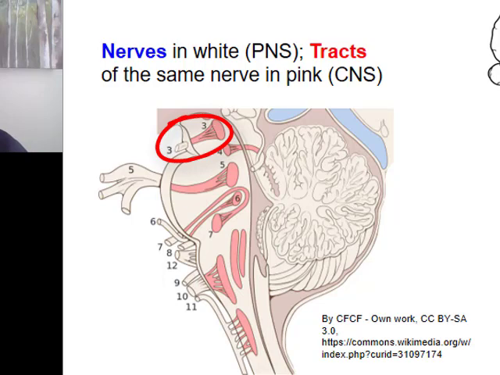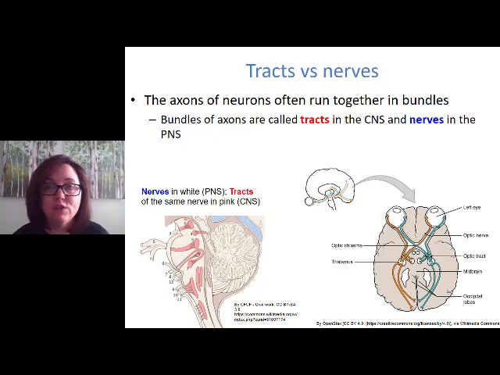That's cranial nerve number 3. The tract is located inside the brainstem, and it's composed of bundles of axons carrying action potentials out of the brain. Once we actually get out of the brain, though, it's now called the oculomotor nerve, and the oculomotor nerve carries these action potentials to the musculature of your eye so you can do things like roll your eyes.